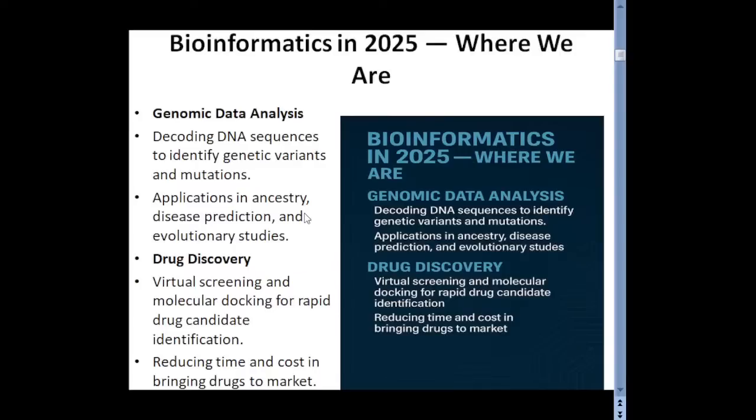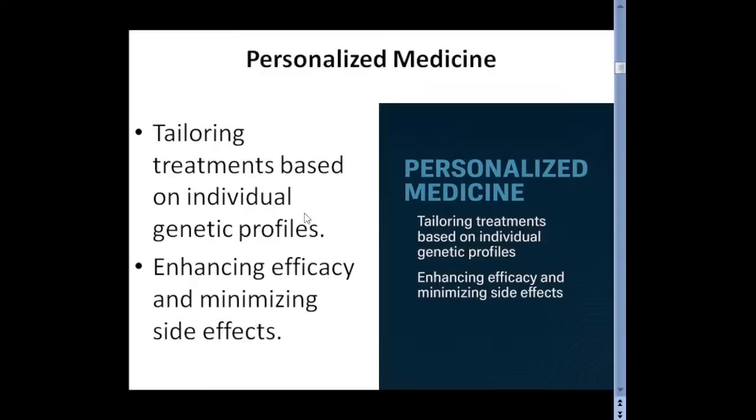So then, as at 2025, we are talking of personalized medicine. The word personalized is individualism. That is, how can we at the medical level, in terms of prescription, in terms of diagnosis of diseases, by 2025 now, we have been able to tailor different treatments based on the individuality of that organism.